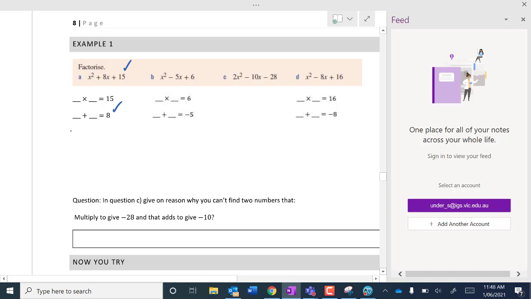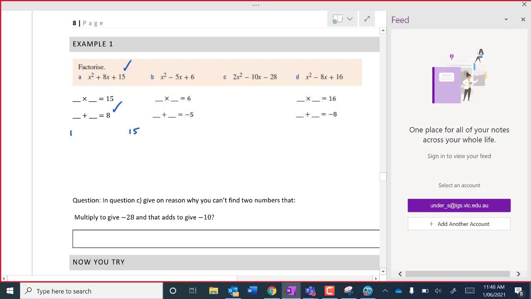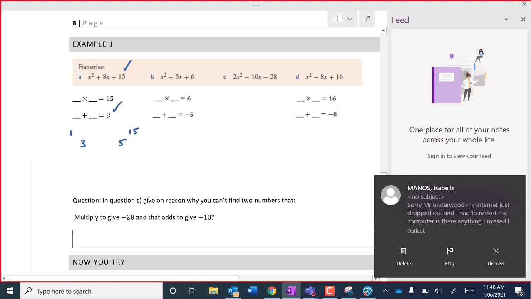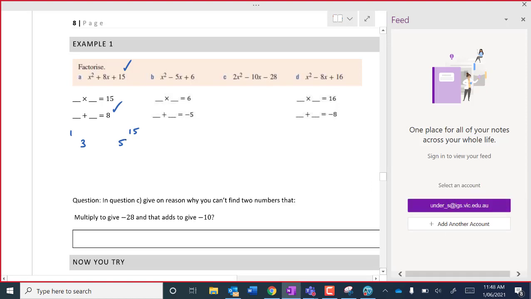And if you want to, at first, list the factors out, 3 fives are 15, and 1 times 15. These are the only factors. Now, there is no way that 1 and 15, any combination of those, can multiply and then be added to give 8. So they're out.